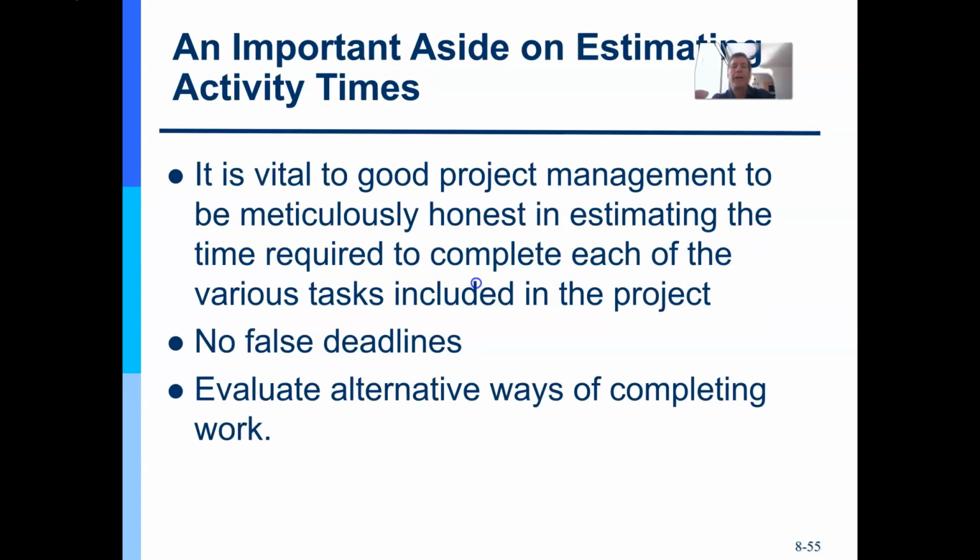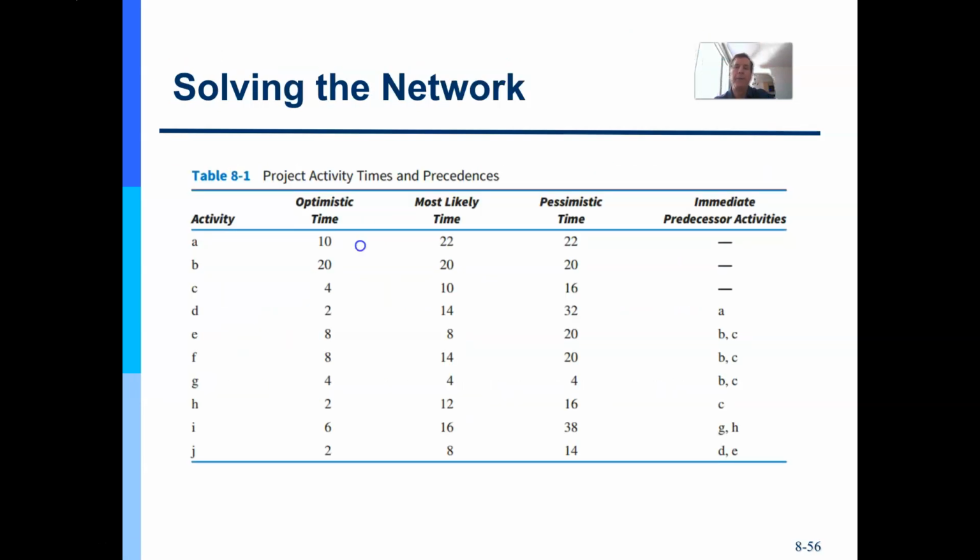And now I'm able to add my activity estimates to each of those nodes on the schedule, and that will allow me to create a set of times for each activity. So here's activity A through J. You can see this is using PERT. I have my optimistic time, as you saw in the reading, my most likely time, and my pessimistic.